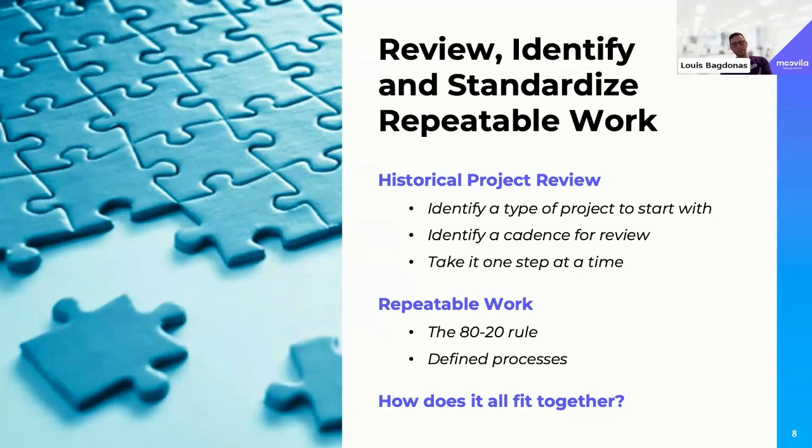And then, like I said, one step at a time. Same concept: if we're going back and looking at historical projects, maybe we just identify current projects of one type that we're going to review at the end of every project, one step at a time, to see what we can offer and roll out.